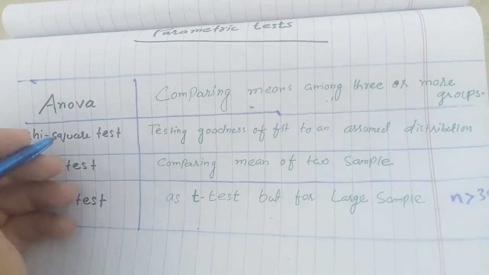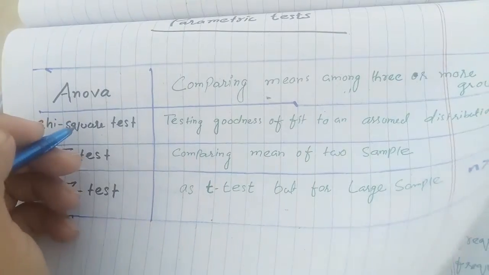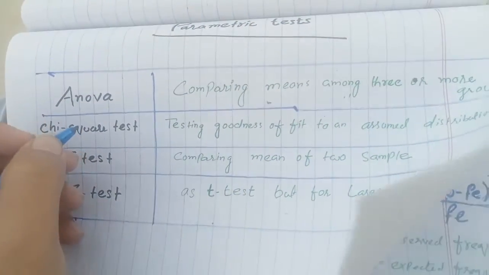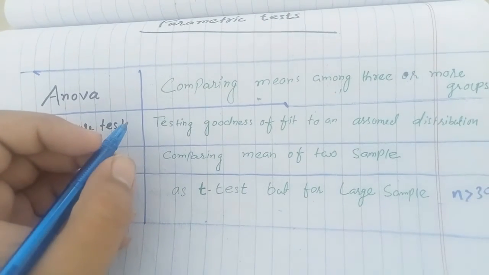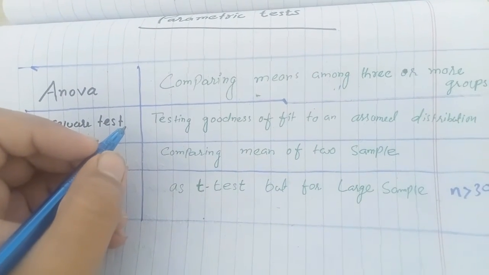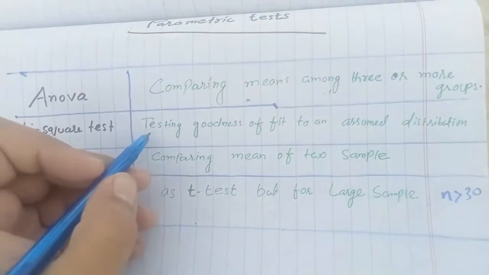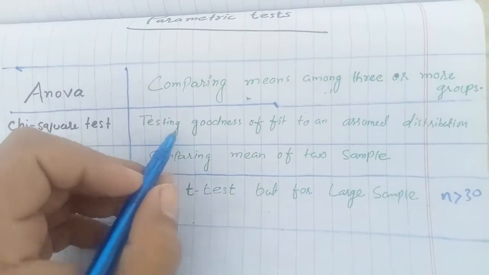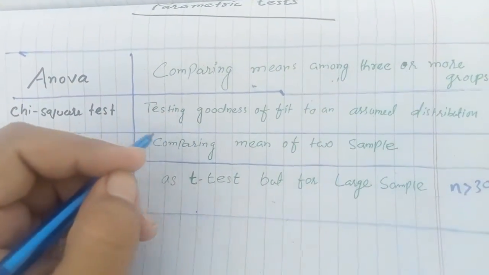The chi-square test is used on categorical variables. With categorical variables, we can test the goodness of fit. That is one application of the chi-square test.